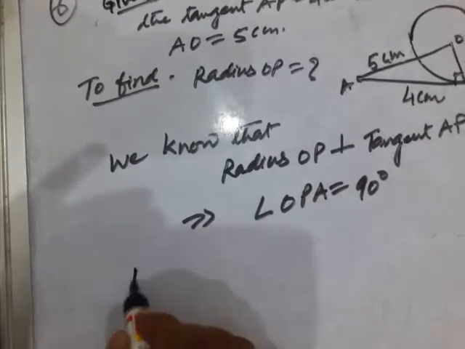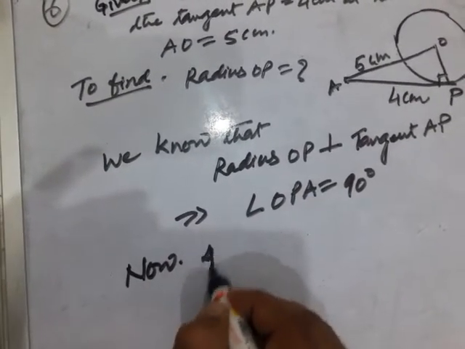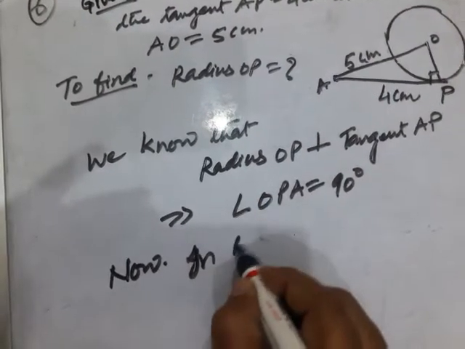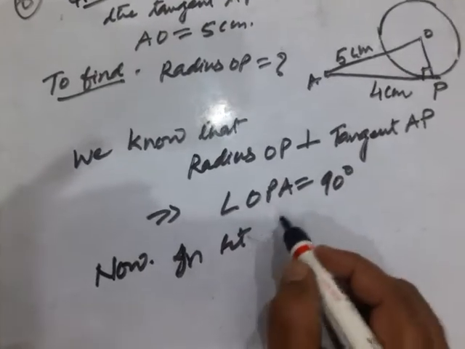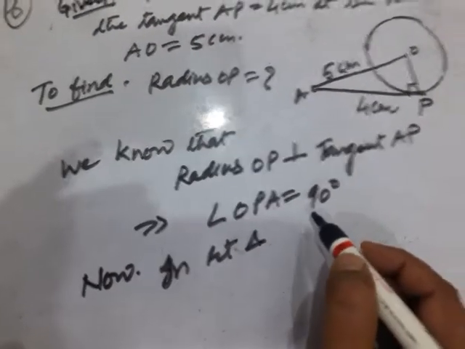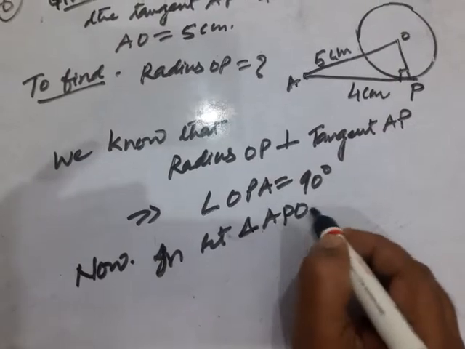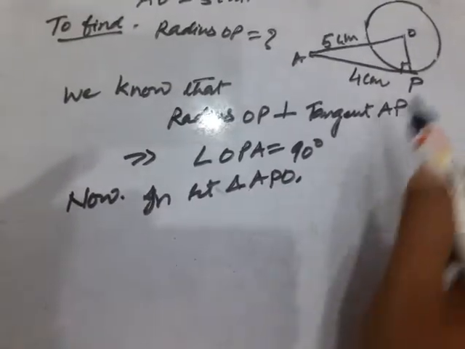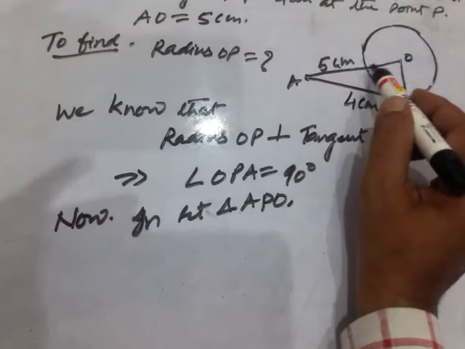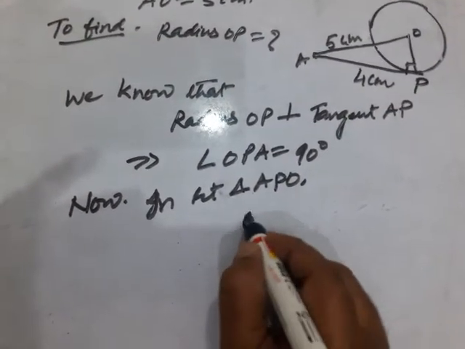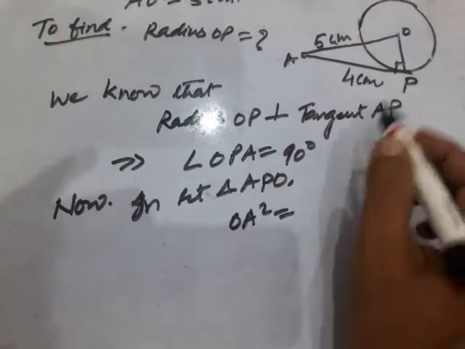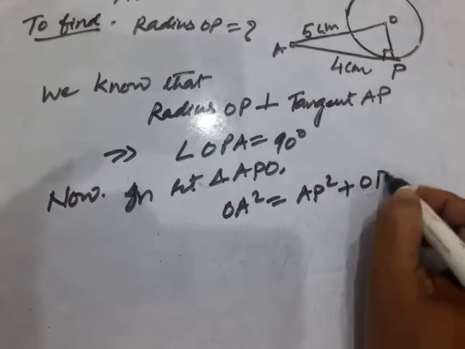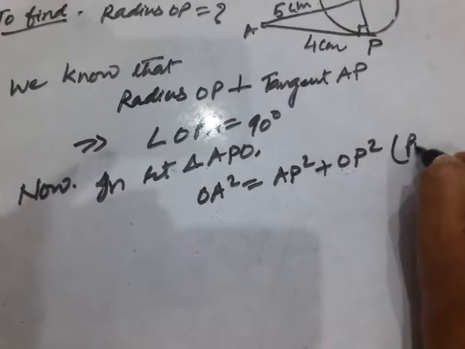Now in right triangle APO, since it is a right angle, its hypotenuse will be OA. OA square equal to AP square plus OP square. That is Pythagoras theorem.